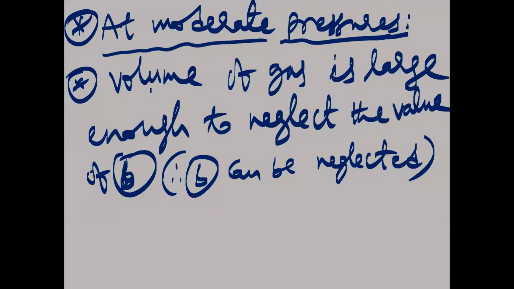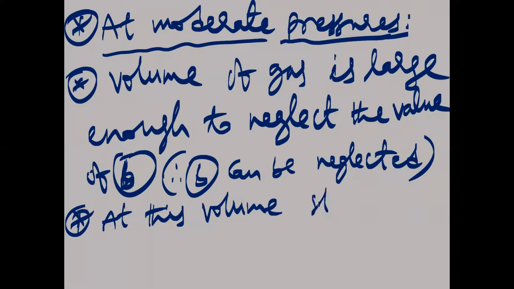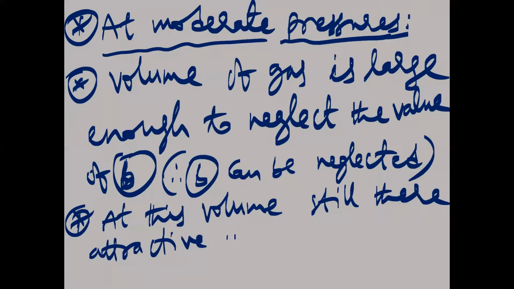Now see here, at this moderate volume, some attractive forces are still there. So what are we understanding here? At this volume at moderate pressure, there are still attractive forces between gas molecules.